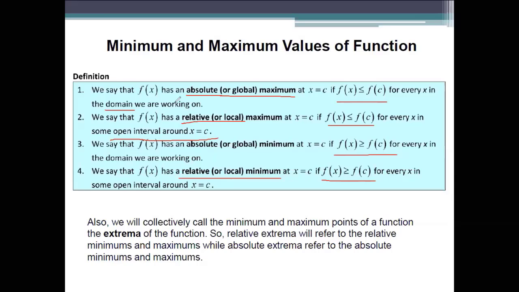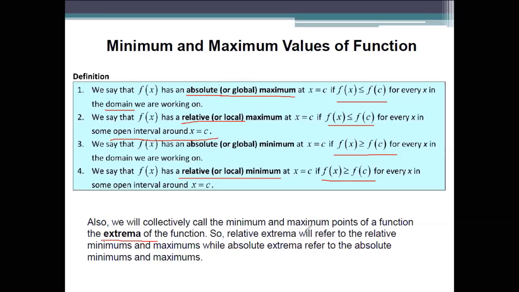So we have two types of maximum and minimum points: absolute or relative, or we can say global and local instead. We will collectively call the minimum and maximum points of a function the extrema of the function.